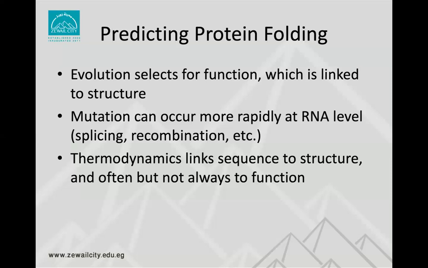So mutation, so-called, can occur much more rapidly at the RNA level. For example, the RNA can splice itself, it can cut out a part of itself and then splice the remaining parts back together. And this will lead to a protein with a completely different sequence, a completely different protein. It can do that in response to signals from the environment. So that's actually a much more rapid response than just mutations at the DNA level.